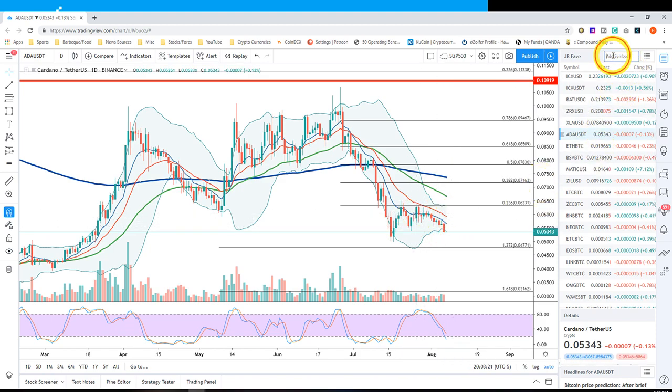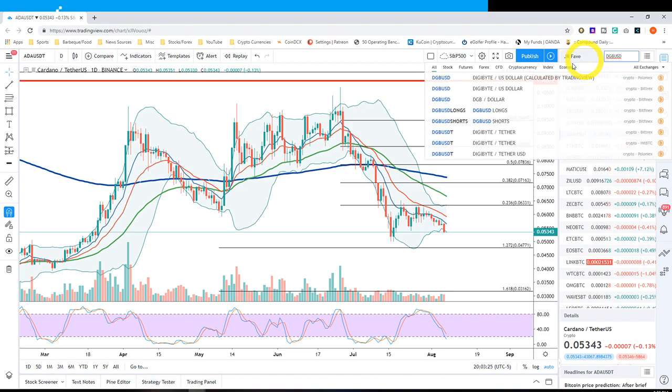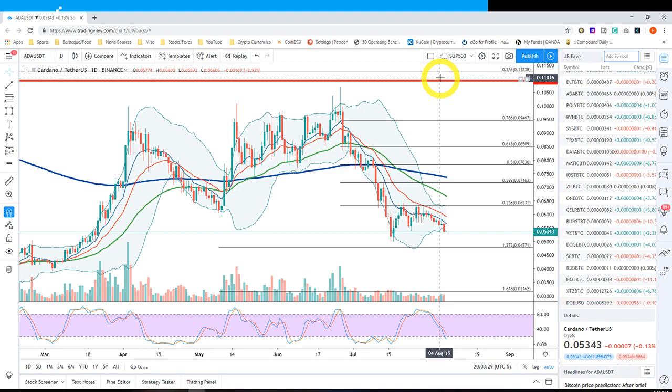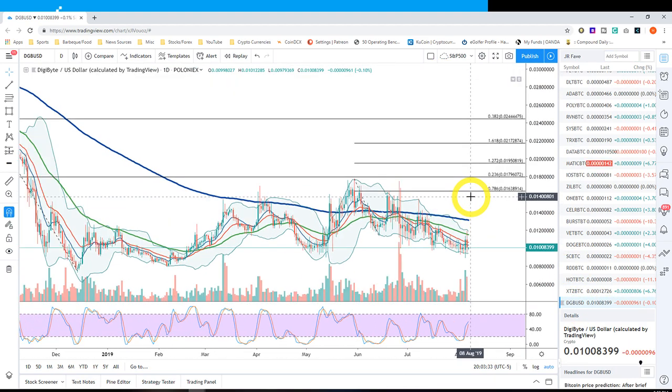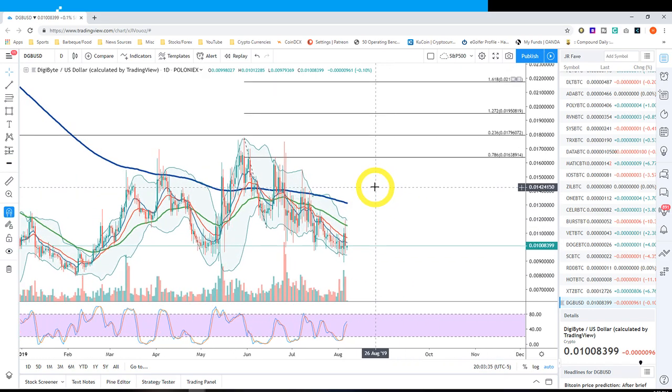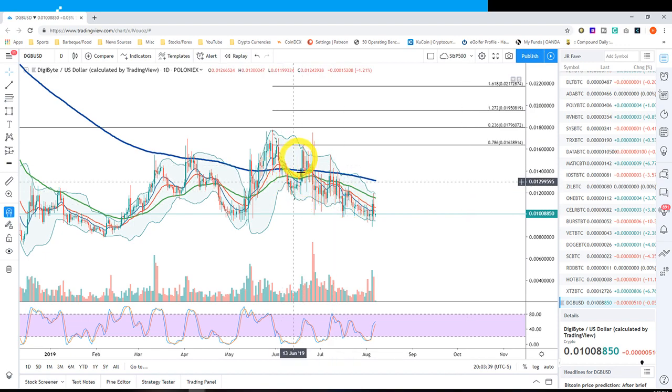DGB USD. Let's go look at DGB USD. We'll look at it on Poloniex. Yeah, just still kind of trending down. It would have been nice if it could have held above the 200-day moving average, and get that thing hooking up.